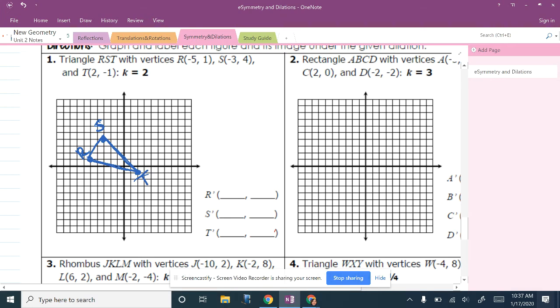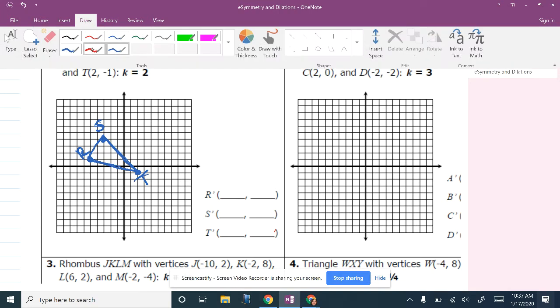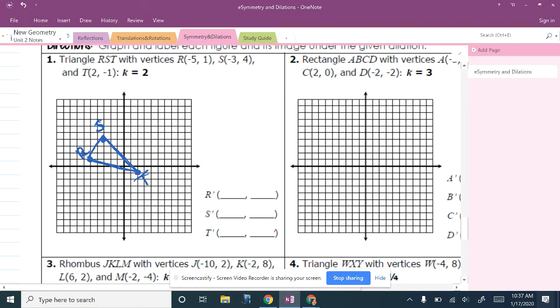All right, so my scale factor is 2. If my scale factor is 2, y'all, it's so easy to do a dilation. You just take all your ordered pairs and multiply the x and the y by the scale factor. That's it. So for R, it is negative 5, 1.